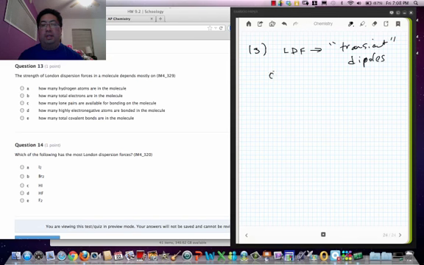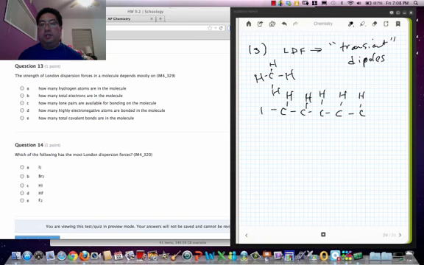So let's take a moment and think about this. If I have a molecule like this, it'll have London dispersion forces, right? But just because you have London dispersion forces doesn't mean that they're all going to be equal. If I give you something like this, that's a much longer one, just assume that there are all H's here. I'll draw them all in.